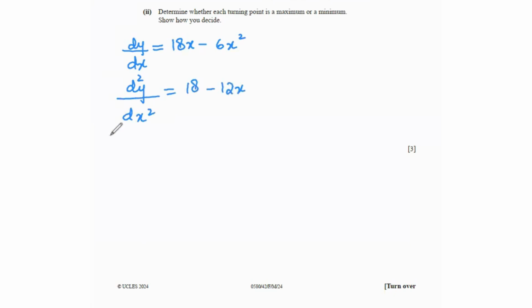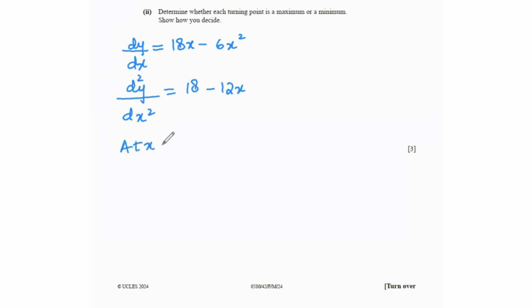Then it says determine whether each turning point is a maximum or a minimum. Show how you decide. So for that, we differentiate the first derivative again. So dy by dx was 18x minus 6x squared. When you differentiate this again, which is basically finding the double derivative, that's 18 minus 12x.